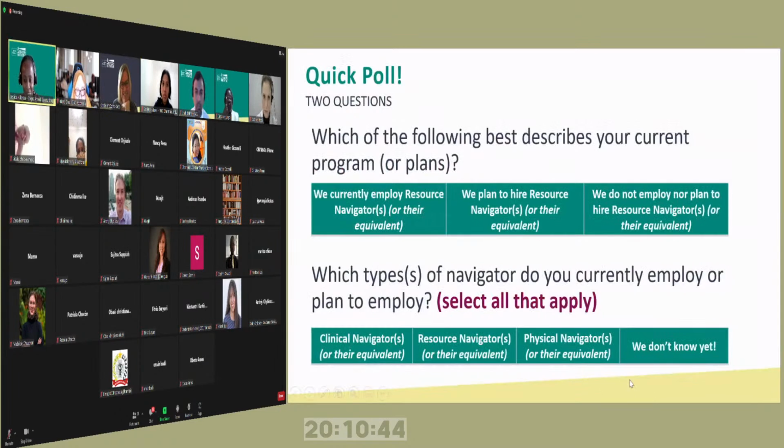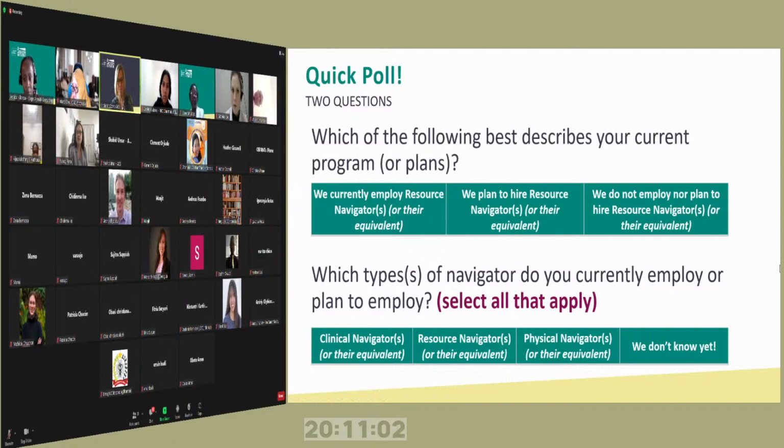Yeah. Does everyone see the poll on their screen? Is everything good? Can everybody see the poll? You were able to answer it? Yeah, I see answers coming in. Okay. We've got 13 people out of 38 responding.